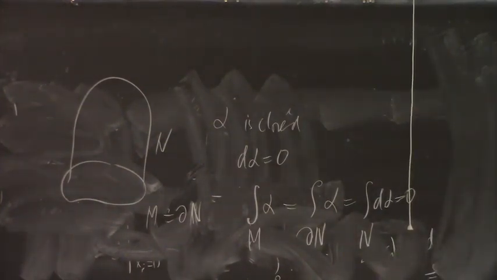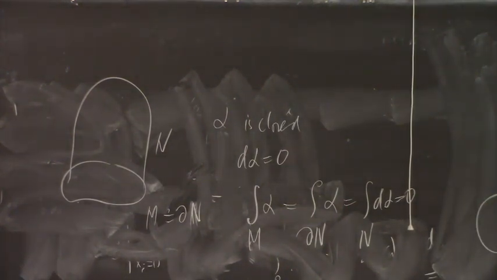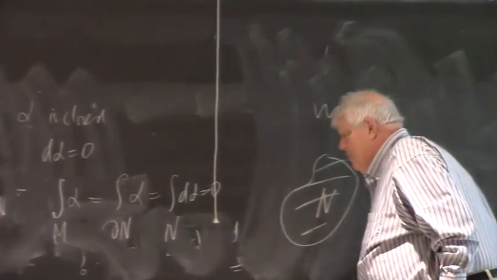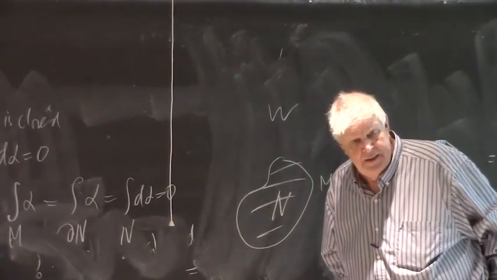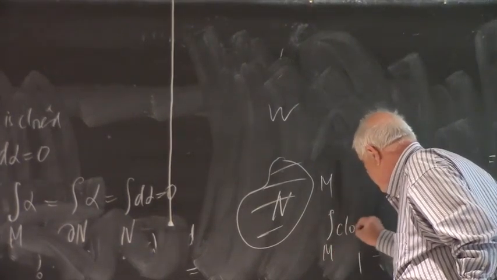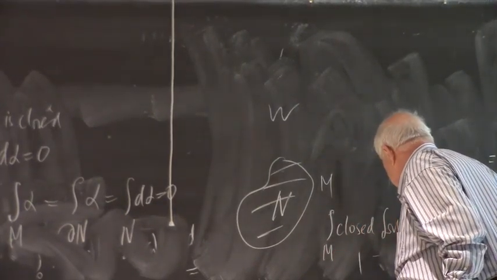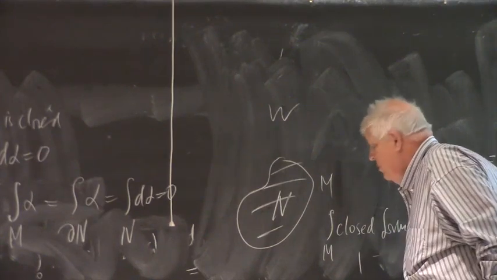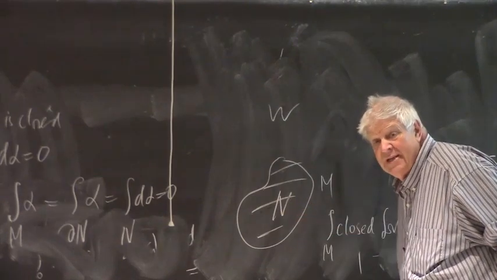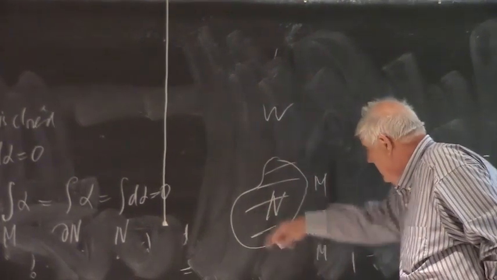W is the plane, this blackboard, and M is this. Then M bounds some Ω, and by this reason, the integral of any closed form is 0. The form should be defined in the whole W, or at least in some neighborhood of this Ω.